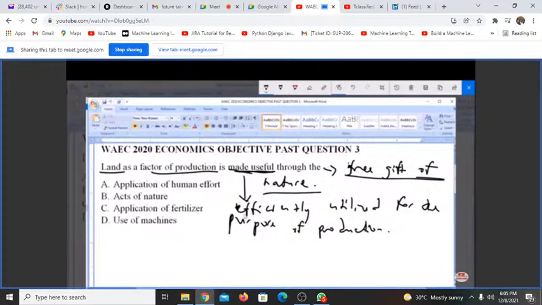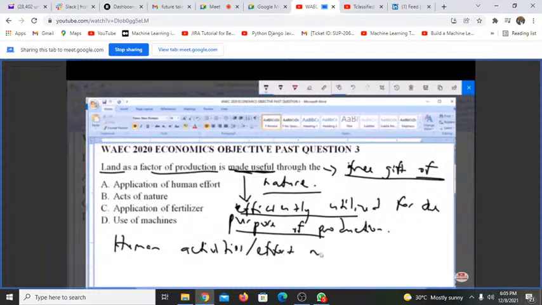Now, in order for land to be efficiently utilized for the purpose of production, human effort or human activities needs to be present. So humans must carry out activities on the land or must put effort into utilizing the land for the purpose of production in order for land to be made useful.